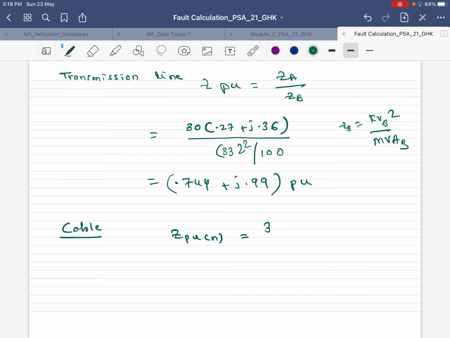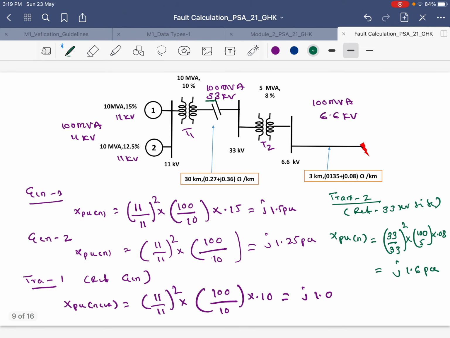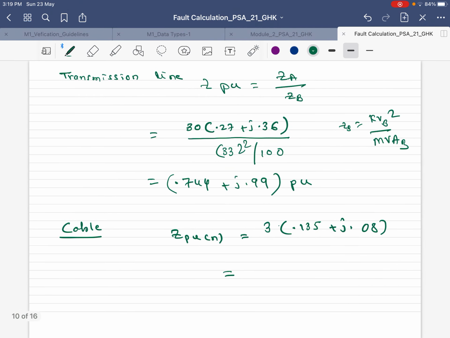The actual is 3 kilometers in length, and each kilometer has an impedance of 0.135 plus j0.08. Therefore, you have to refer back. Here it is 0.35 plus j0.08.